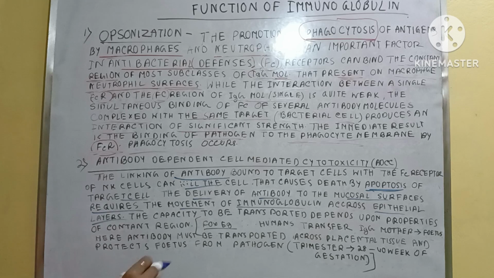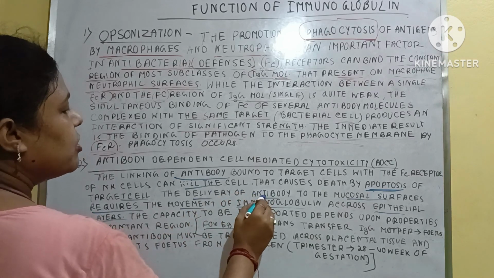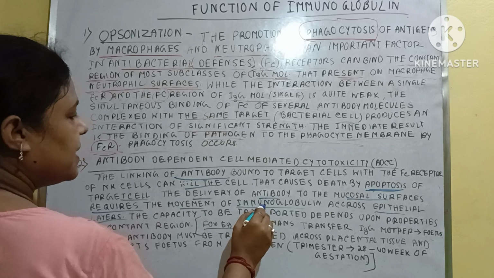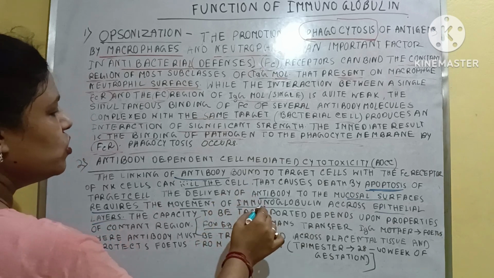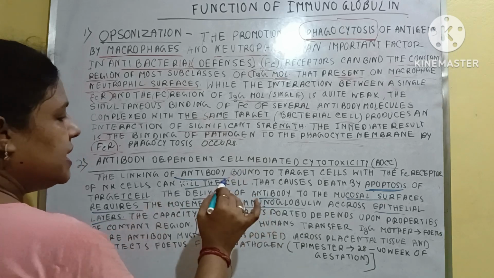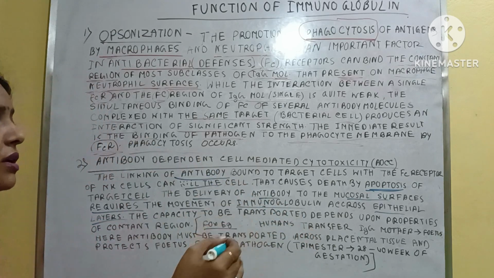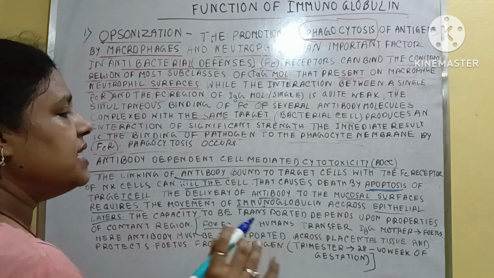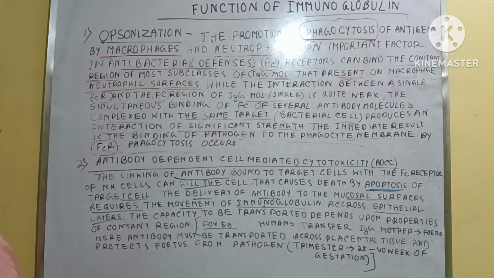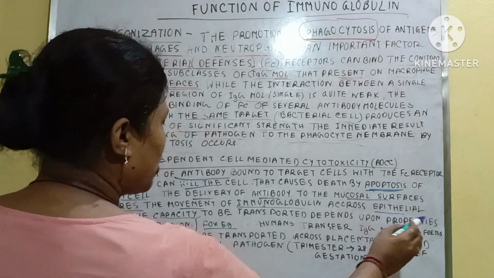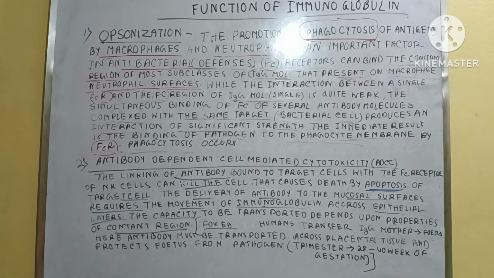If the movement of the immunoglobulin is possible, then the recognition and damaging of the foreign cell is possible. Clear? So this capacity obviously depends on the properties of the constant region. If the constant region is more powerful, then they can easily be transported from one place to another.